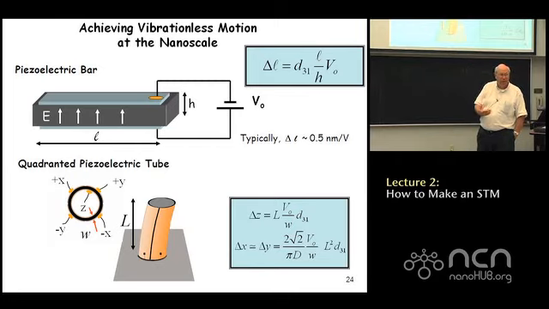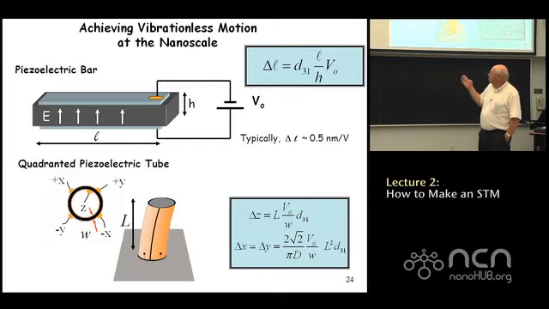So if you want to know how much the bar expands when you apply, say, 1 volt, you have to know the ratio of L over H and that piezoelectric coefficient. Typically for piezoelectric bars you'll get about 0.5 nanometers per volt applied. So if you apply a volt, the length of the bar expands by about 0.5 nanometer.